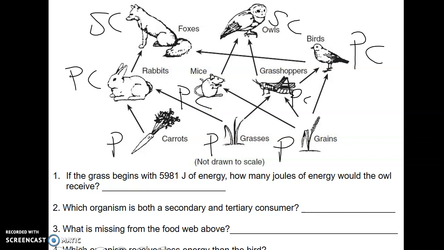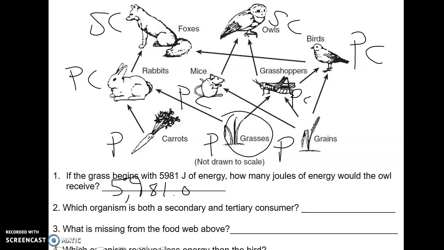Now there's many different ways that you can go here, but let's start with question number 1. If the grass begins with 5,981 joules of energy, how many joules of energy would the owl receive? So you got to kind of think of that pyramid in your head and say, okay, so if the grass right here has 5,981, that's just like writing 5,981.0, and how many joules would the owl receive?